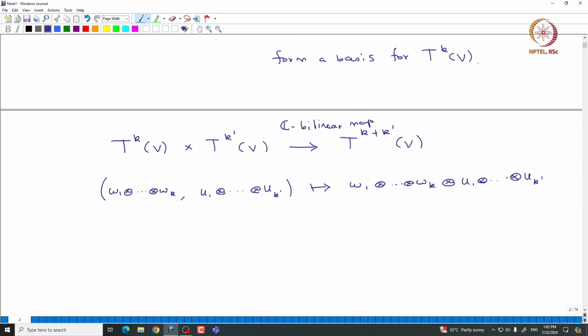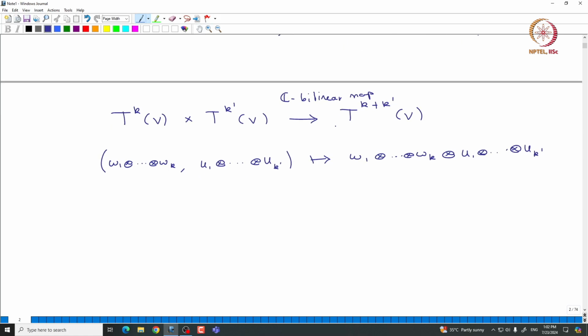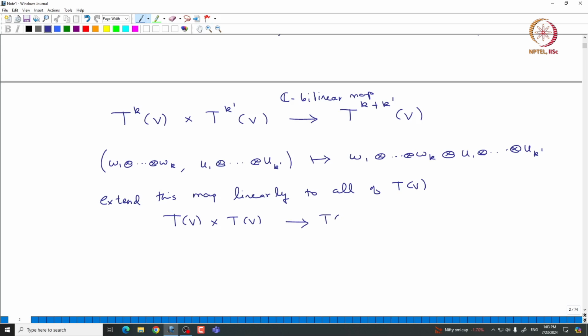Now, this bilinear map can be extended to T(V). That is what gives us a product on T(V). We can extend this map, linearly in each variable, to all of T(V). In particular we get a map from T(V) cross T(V) to T(V).